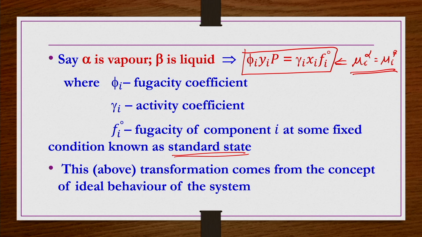So we can have a transformation from the chemical potentials to these auxiliary functions, and simultaneously we have a relation between these auxiliary functions and the temperature, pressure and composition of the system. Now, for a mixture of ideal gases, phi is equal to 1; the fugacity is equal to the total pressure for a pure ideal gas.